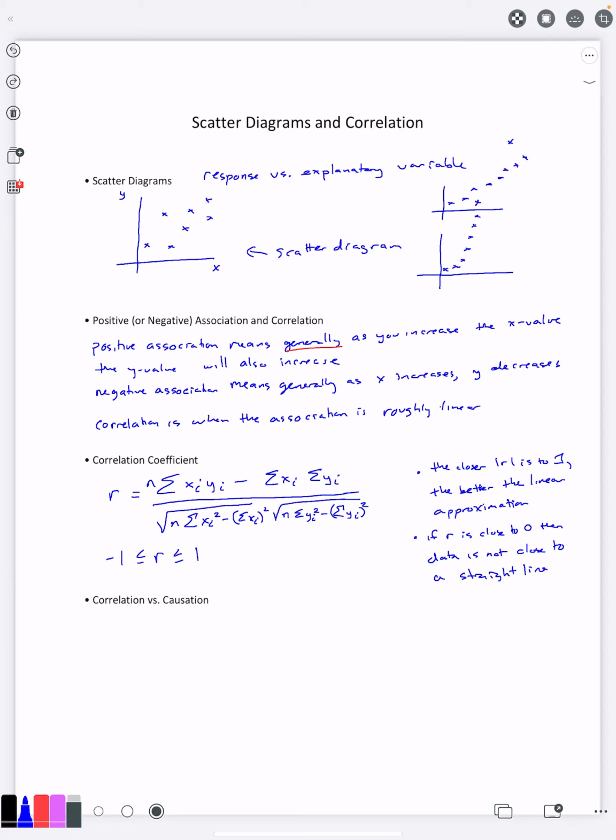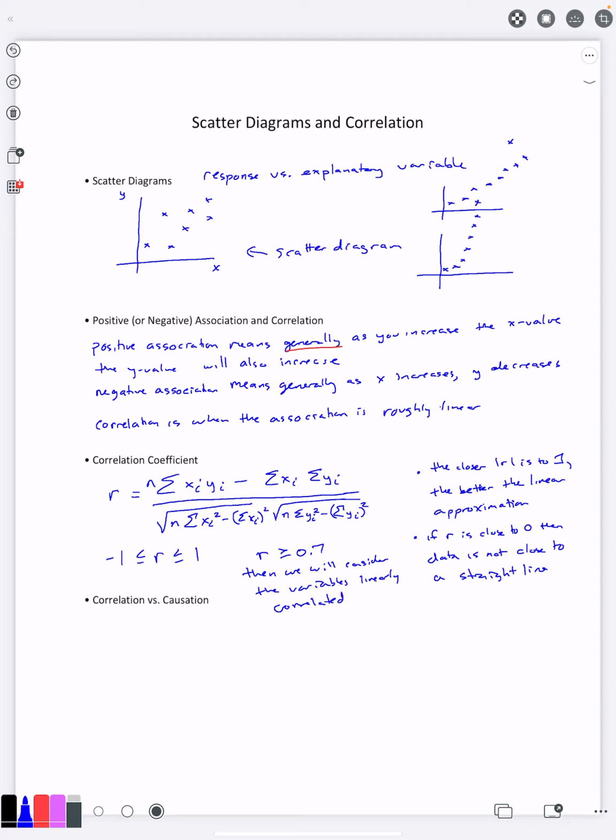So as a rule of thumb, and again, this is not something that everyone would agree on, but if r is bigger than like 0.7, let's say, then we will consider the variables linearly correlated.